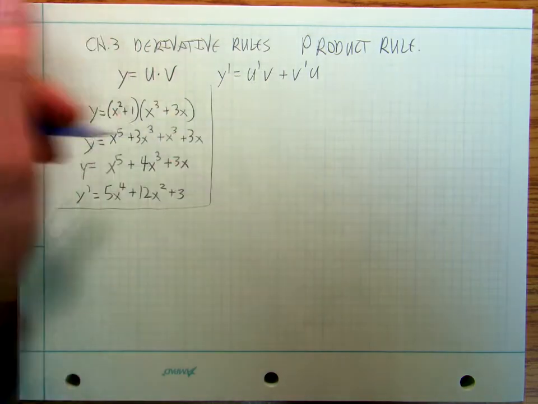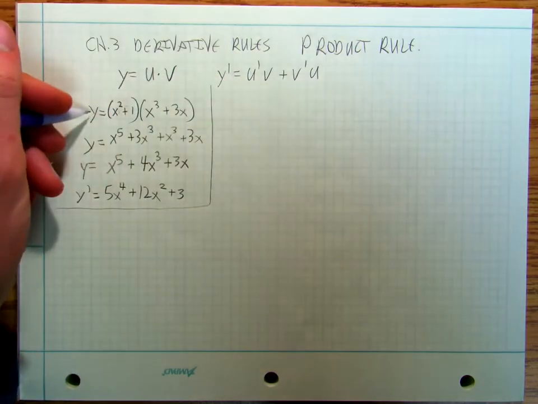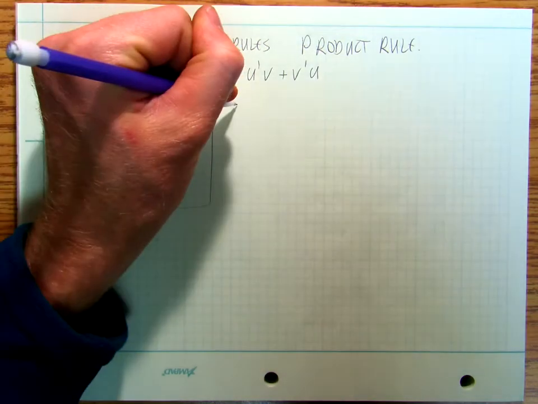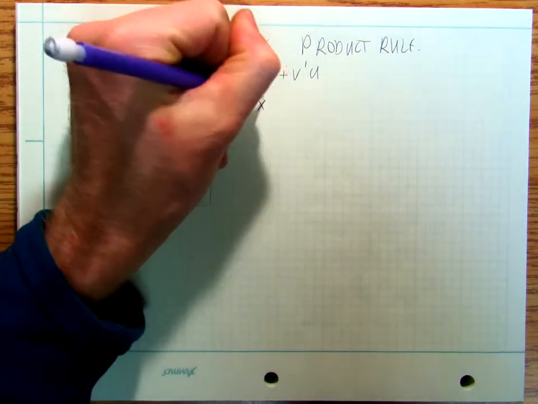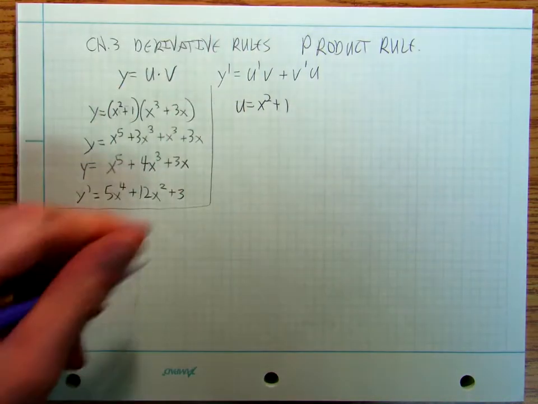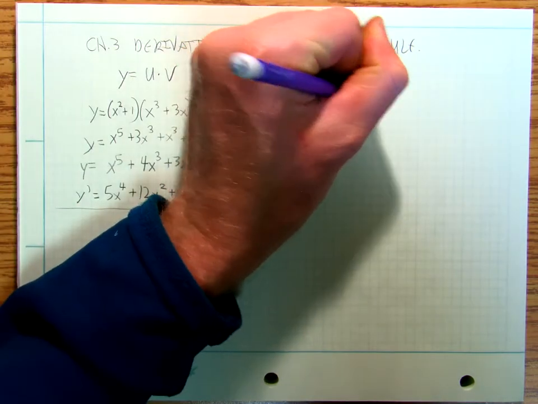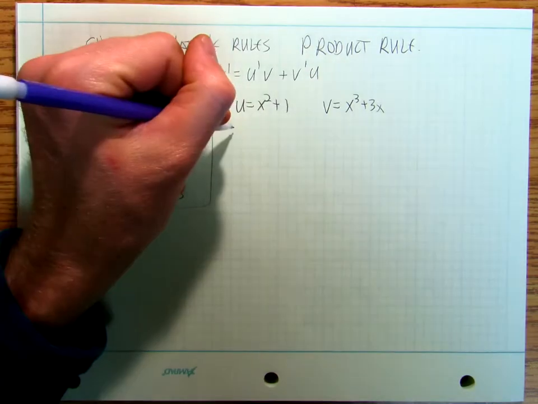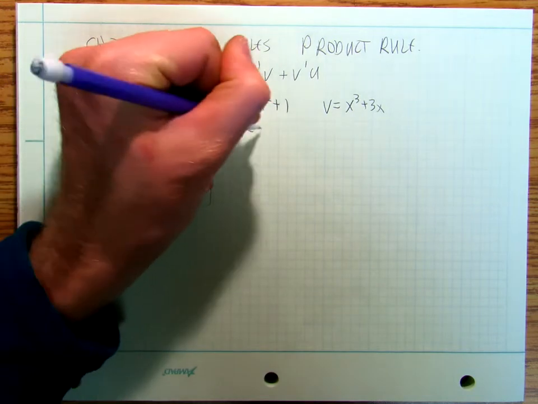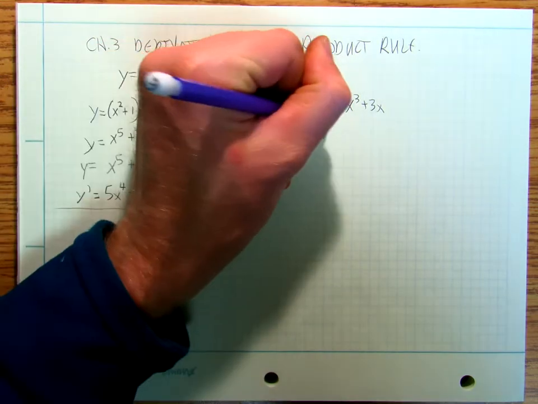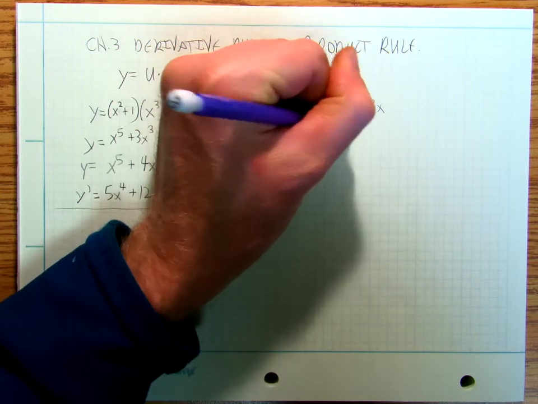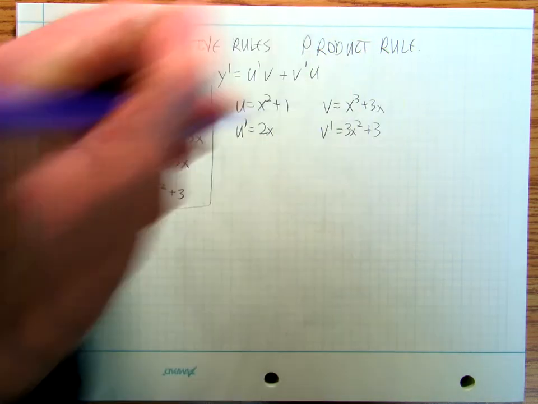Okay, so what we're going to do is we're going to say u is equal to x squared plus 1, and v is equal to x cubed plus 3x. And we're going to say u prime is equal to 2x, v prime is equal to 3x squared plus 3.